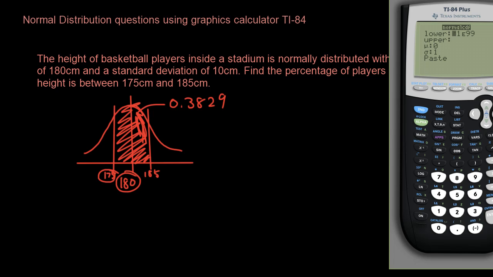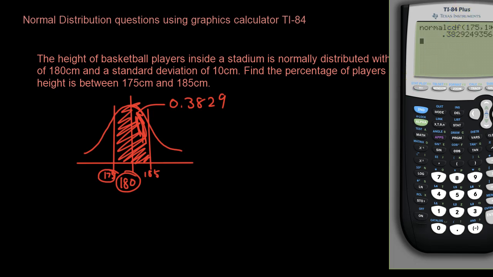The lower boundary is 175, the upper boundary is 185, the mean is 180, and the standard deviation is 10. So let's put all that in, and you'll see that it's entered it in this function for you. And if you press enter, it'll give you the same thing.